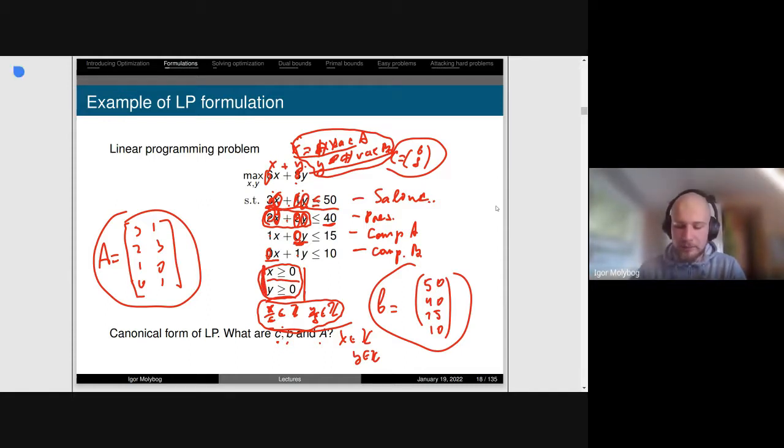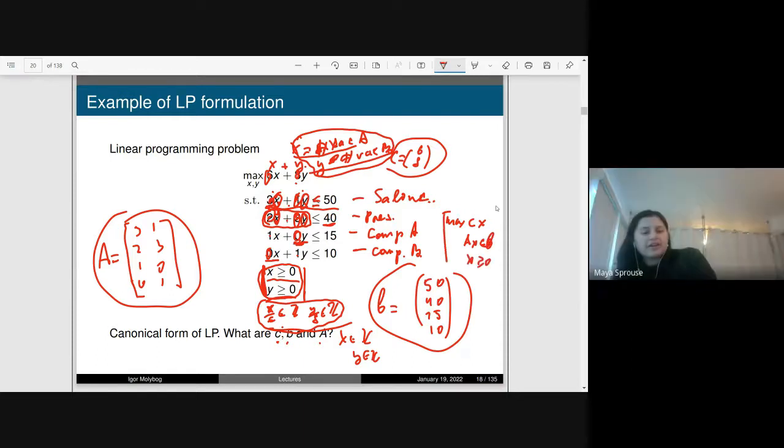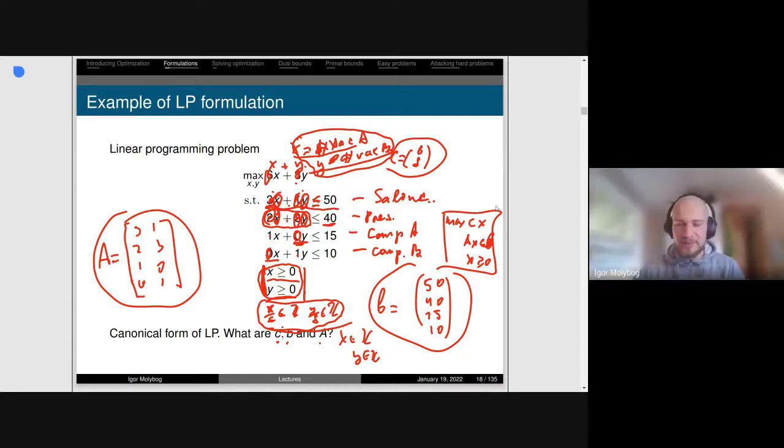So this is just saying max cx subject to Ax less than or equal to b, x greater than or equal to 0. This formulation is right here, so there's no magic. Remember that x greater than or equal to 0 was in that original formulation. Okay, sounds good. Any other questions here? Cool. Okay, thank you very much for the questions.